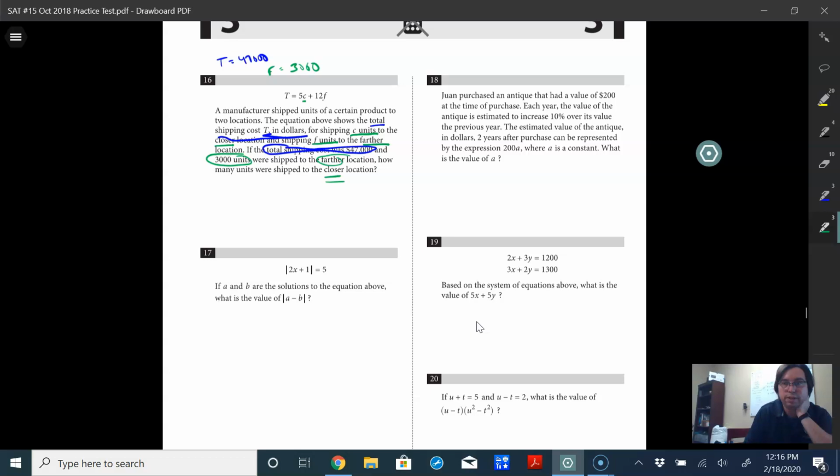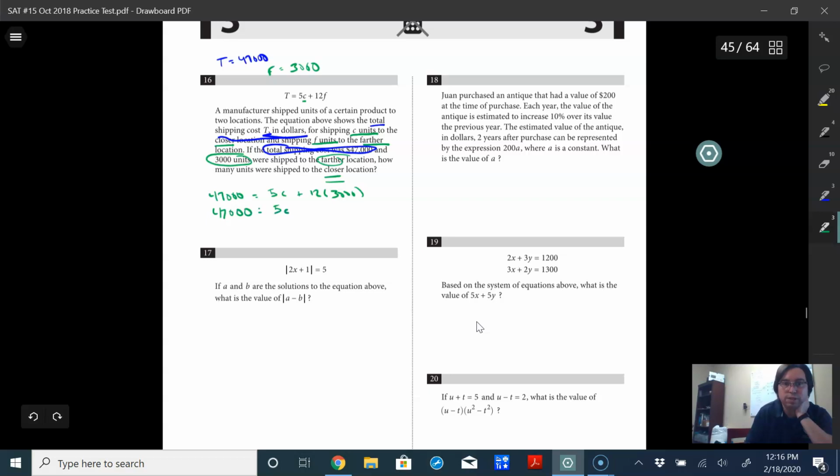So let's write it out. So we see that 47,000 equals 5C plus 12 times 3,000. So this is kind of what may trip up some of you guys with the math. So you want to be very careful because this is a problem you should not miss.